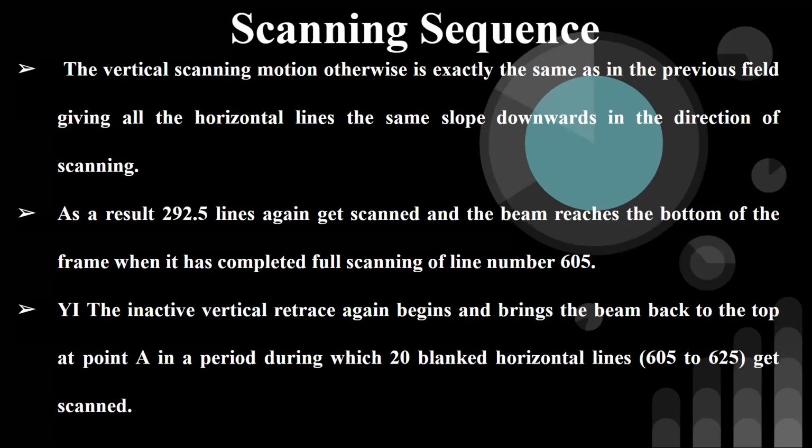As a result, 292.5 lines again. So therefore, the inactive vertical retrace again begins, the beam going back up to the top at a point, which is shown in the previous scanning time.